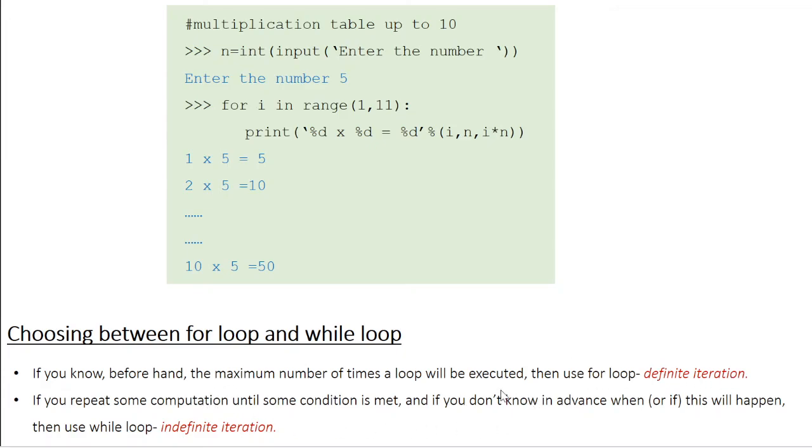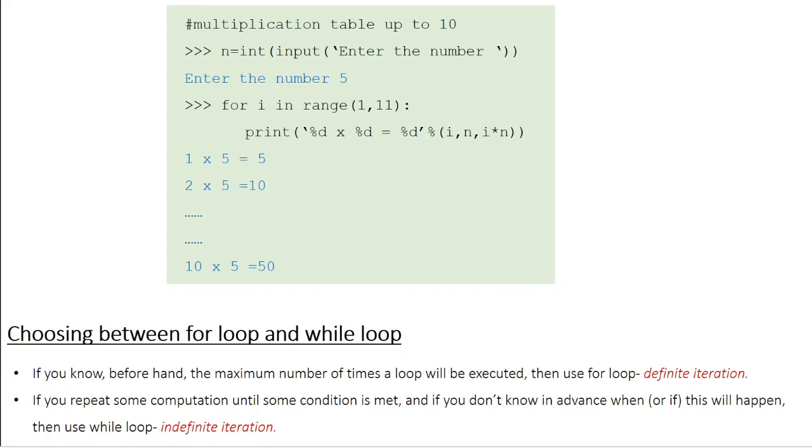On the other hand, if you do not know the number of iterations beforehand, if you are doing an indefinite iteration, in that case you can use a while loop. Here basically you are checking for a particular condition and you don't know at what point the condition is going to be false. You only know that as long as the condition is true, the loop will be executed.